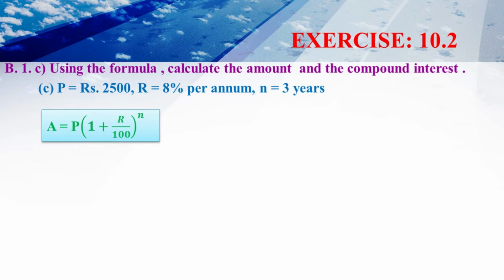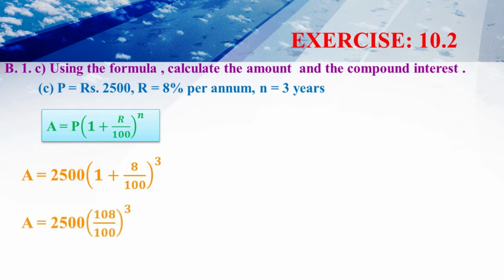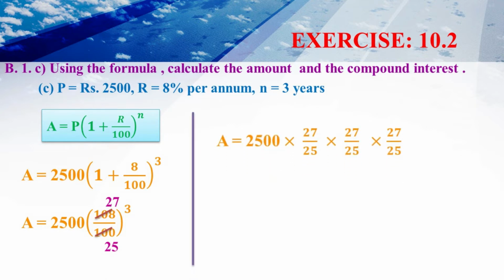Now, substituting the given values, 2500 into (1 plus 8 by 100) to the power 3. Taking LCM, 2500 into (108 divided by 100) to the power 3. Now, cancelling by the common factor of 108 and 100, we will get 27 divided by 25. Now we can write A is equal to 2500 into 27 divided by 25 into 27 divided by 25 into 27 divided by 25.